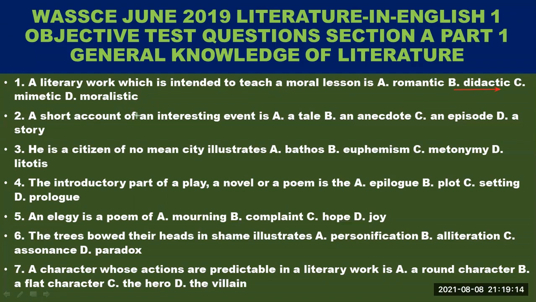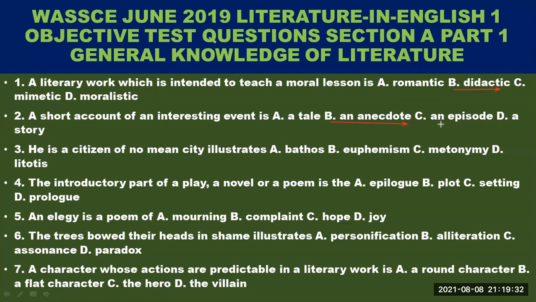Now, question number 2. A short account of an interesting event is A, tale, no. B, an anecdote, yes. An anecdote is really a short account of an interesting event.